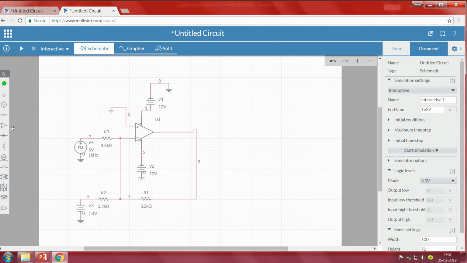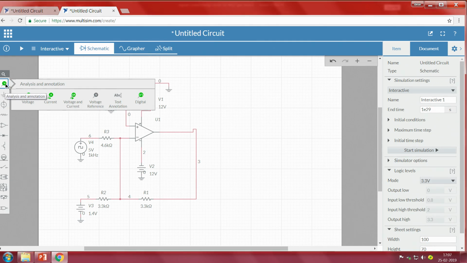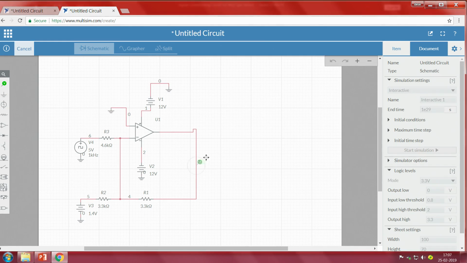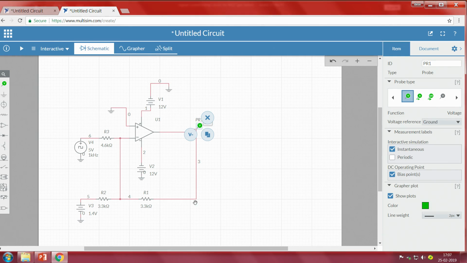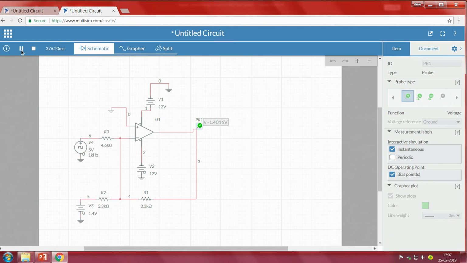So we need to monitor the output voltage. So here goes my probe at the output end. Now let's see what happens when we run the circuit.